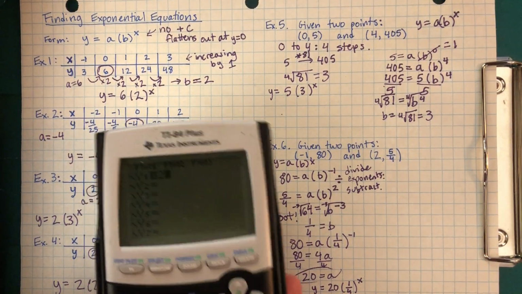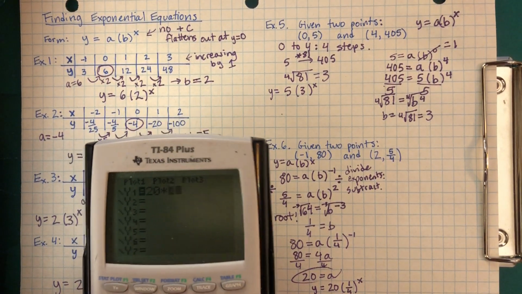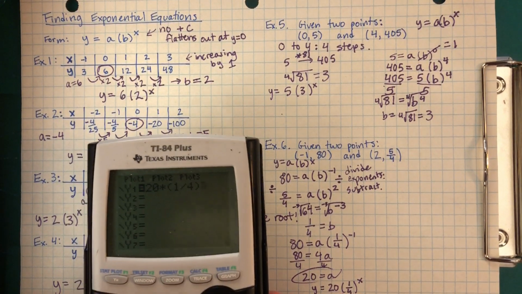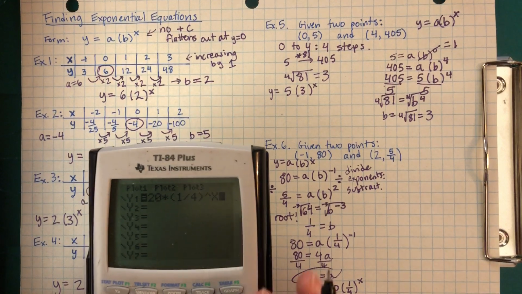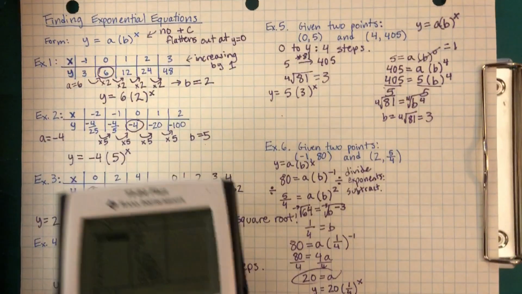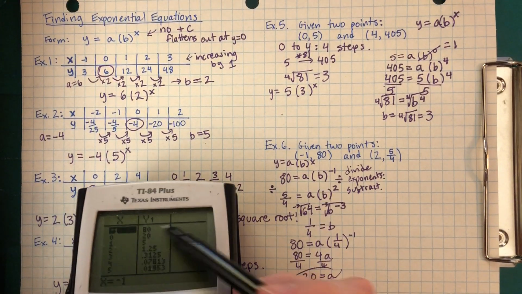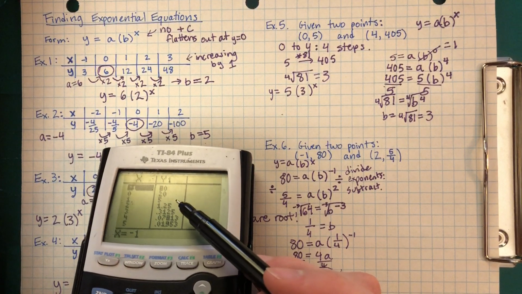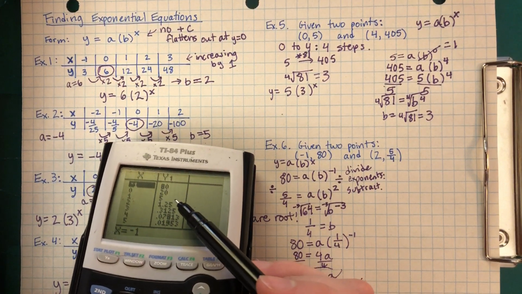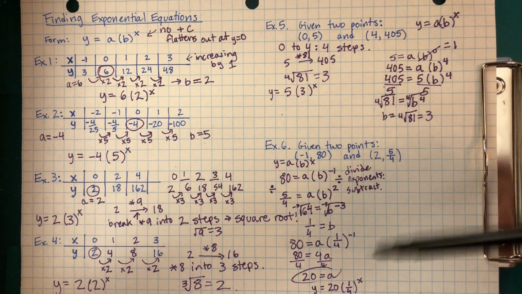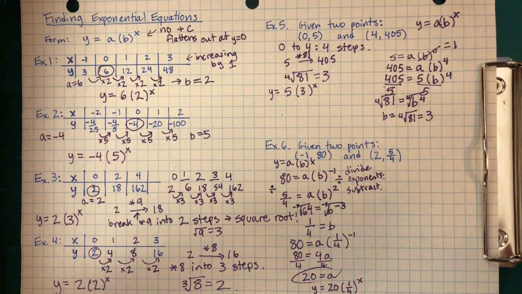In the table, I have -1 with 80, and I have 2 with 1.25, which is the decimal version of 5/4. Perfect. Let me also show you the way we could do it that's a little more like this.